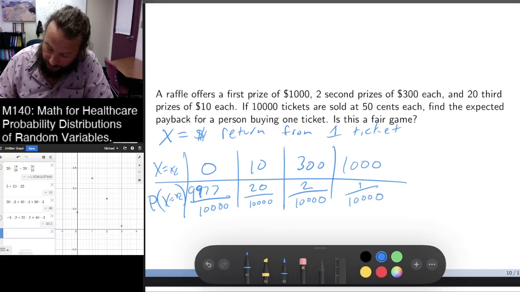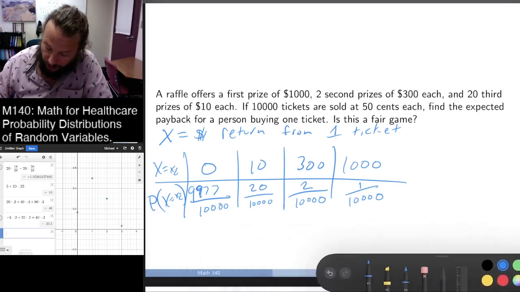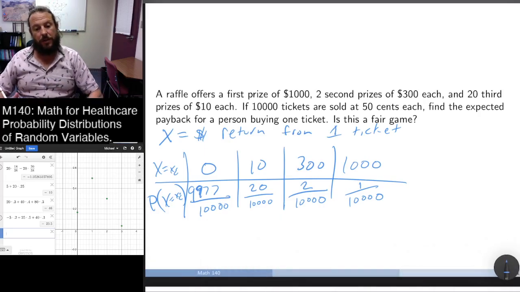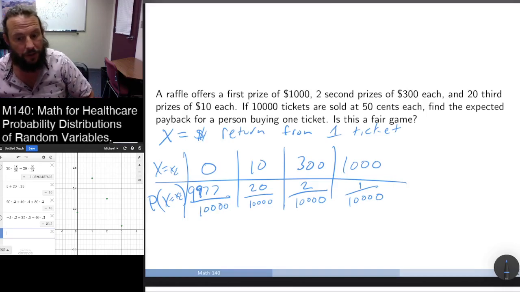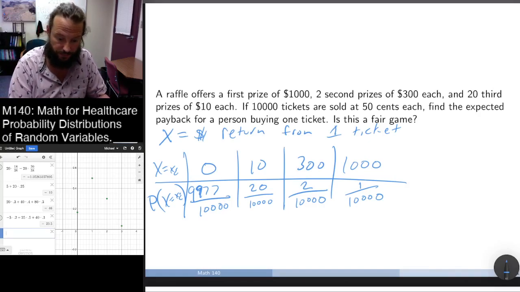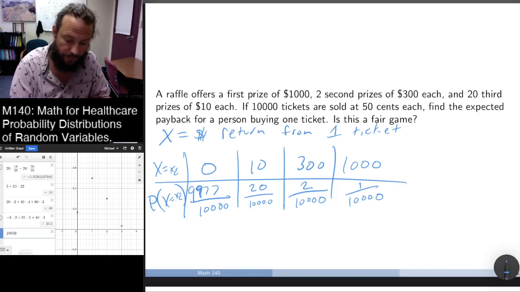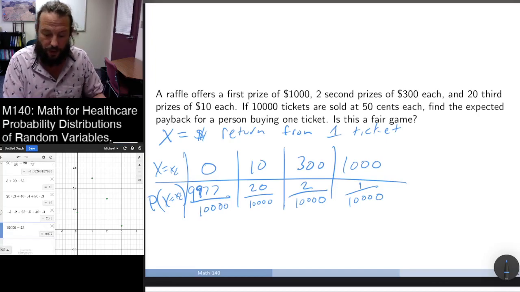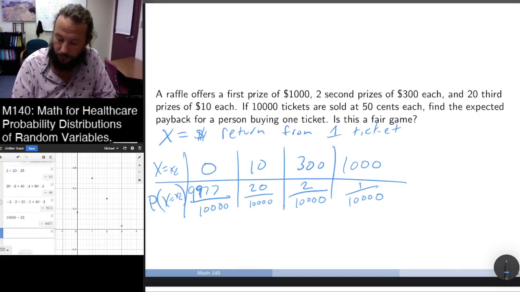All right. And so we write our formula out. You should write that all down. I don't want to take up too much time. You could do that on your own. I'm just going to go ahead and calculate this. Notice we could do 0 times the 9,977, so we don't really have to worry about that term.